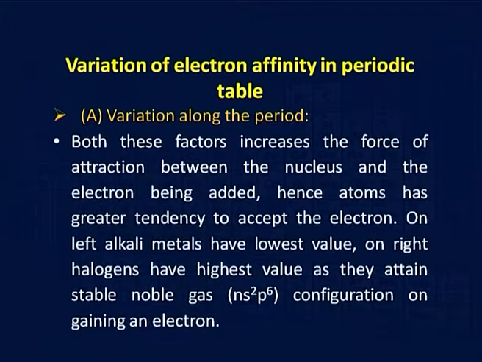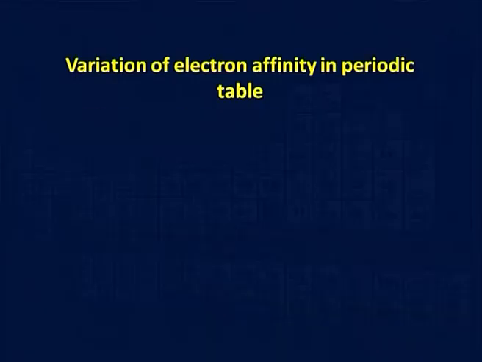So, they have very high value of electron affinity, and these halogens have the smallest size as well as high nuclear charge. Therefore, a large amount of energy is released when an electron is added to the gaseous atom of these halogens. Therefore, they have high value of electron affinity.